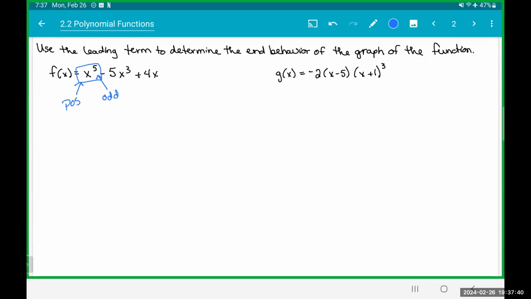So positive and odd tells me that I'm down here, up here. So I would be down to the left, up to the right. Okay, question.